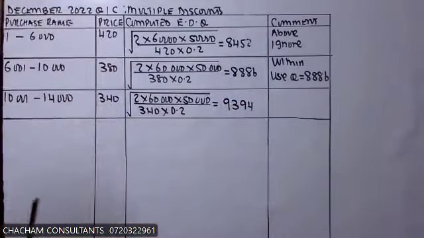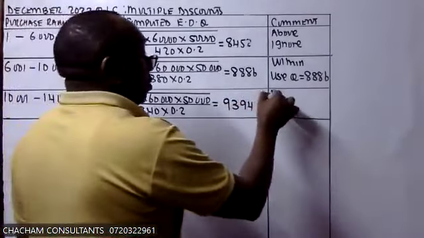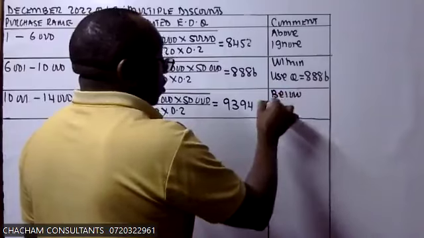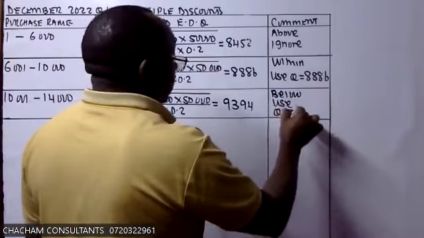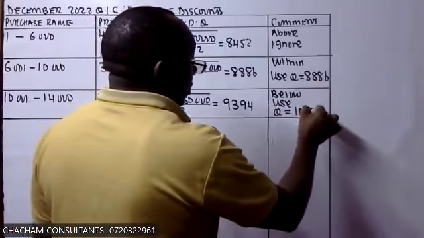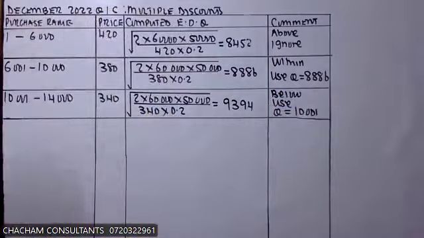So now that is below. So you use Q as 10,001.